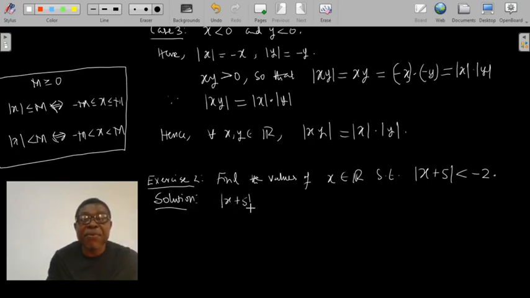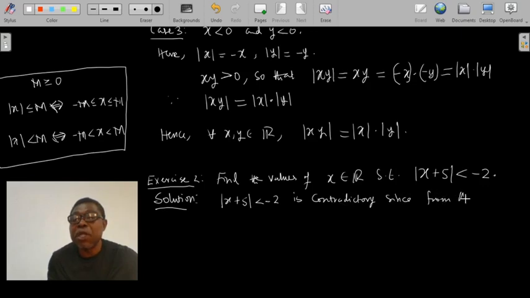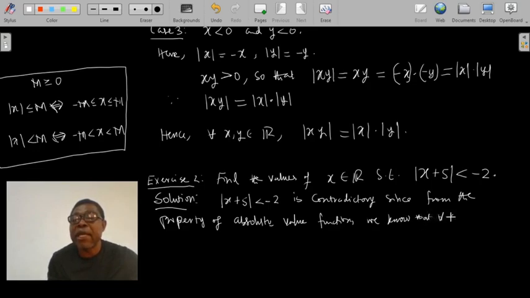absolute value of x plus 5 less than minus 2 is contradictory, since from the property of absolute value function, we know that for any x in R, absolute value of x is greater or equal to 0.